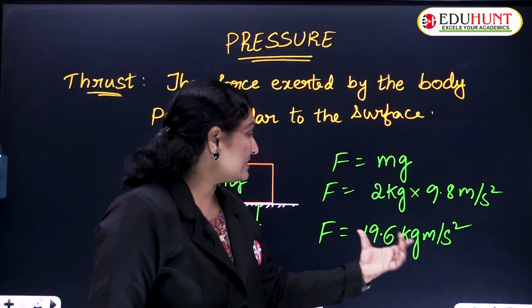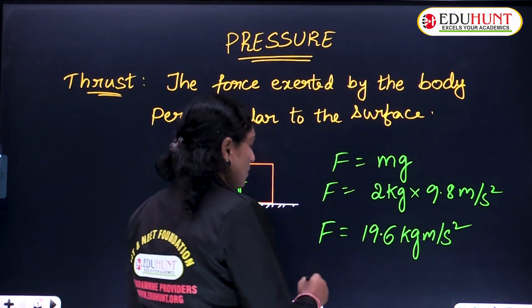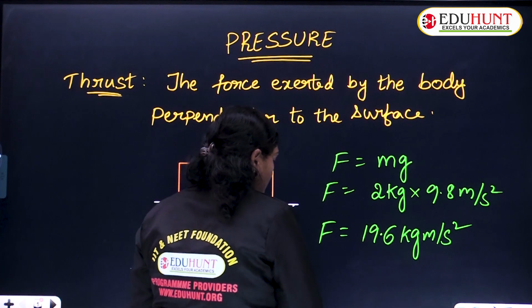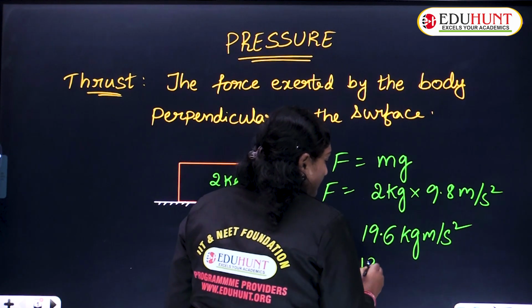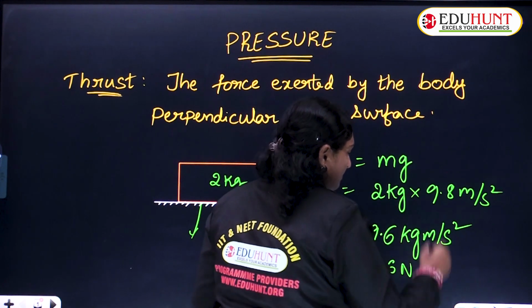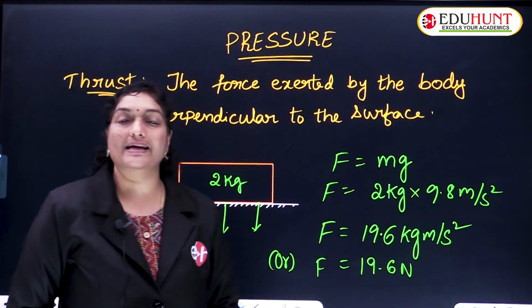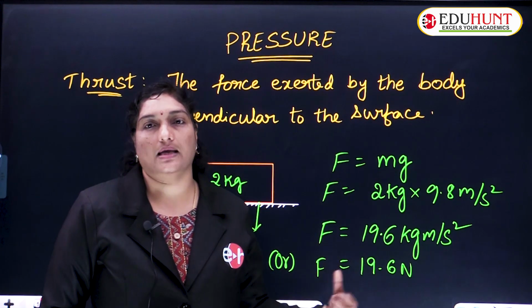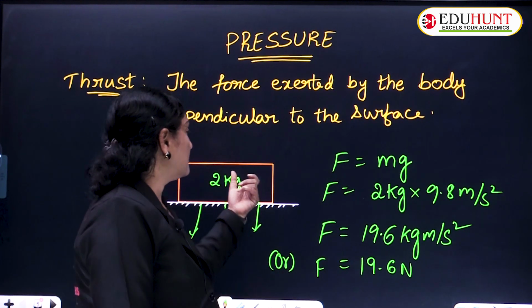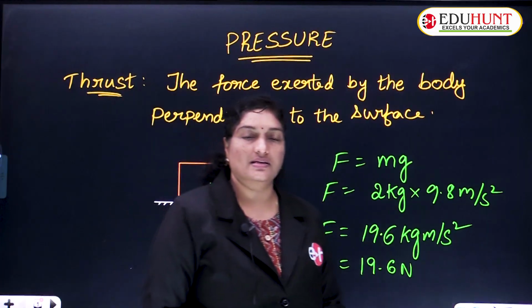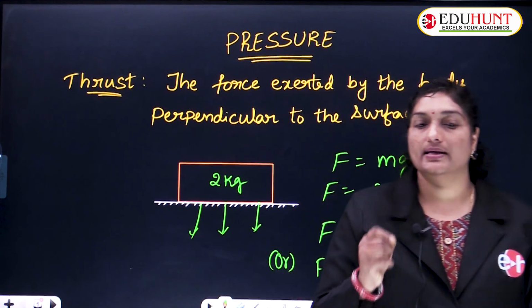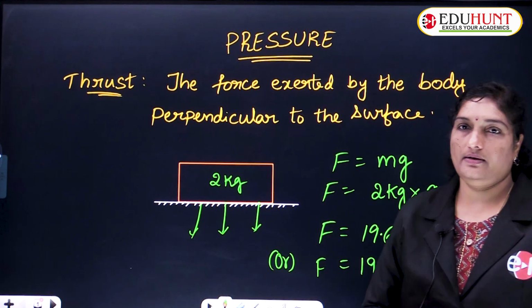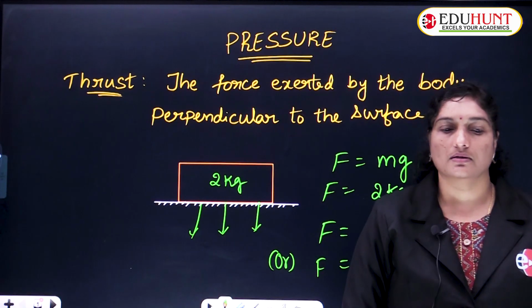And kg meter per second square is also written as Newton, where 1 Newton is nothing but 1 kg meter per second square. Hence, the thrust acting on the surface is 19.6 Newton. I hope you understood the concept.